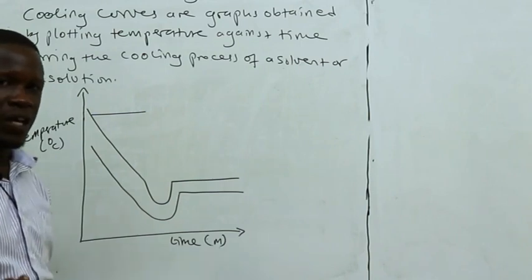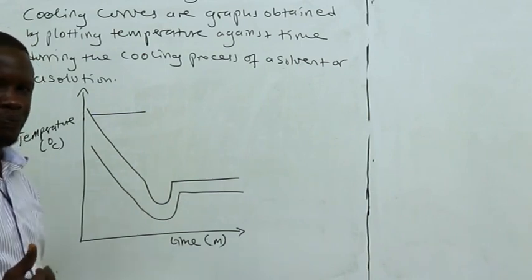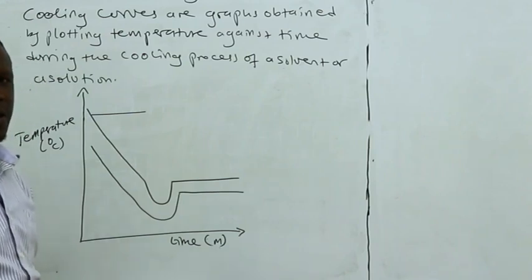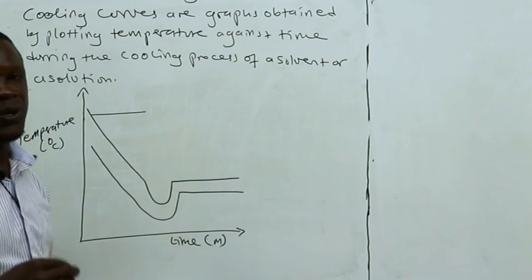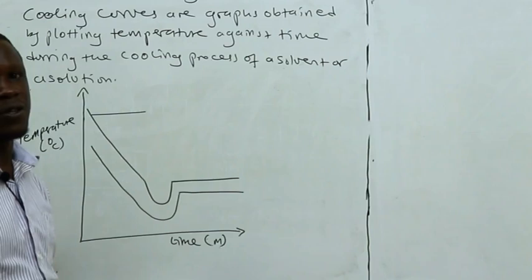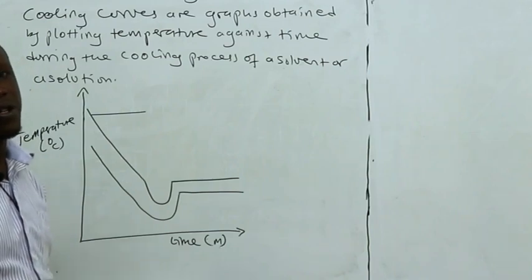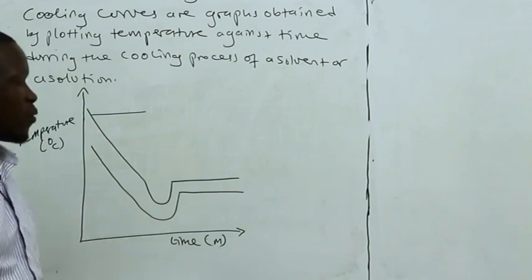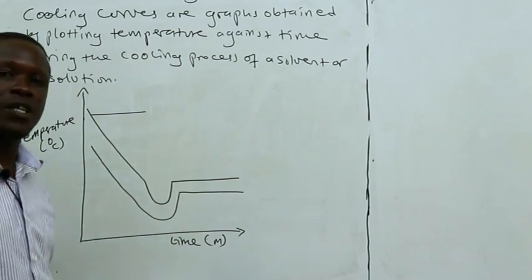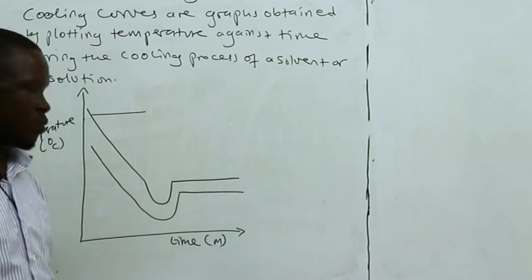Using your theory, you should be able to know that the freezing point of a solution is always lower than the freezing point of the solvent. So the cooling curve that gives the lowest freezing temperature should be the one of the solution.